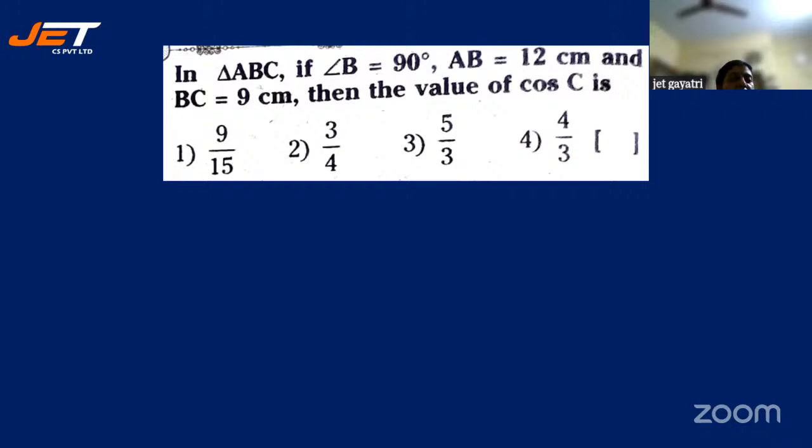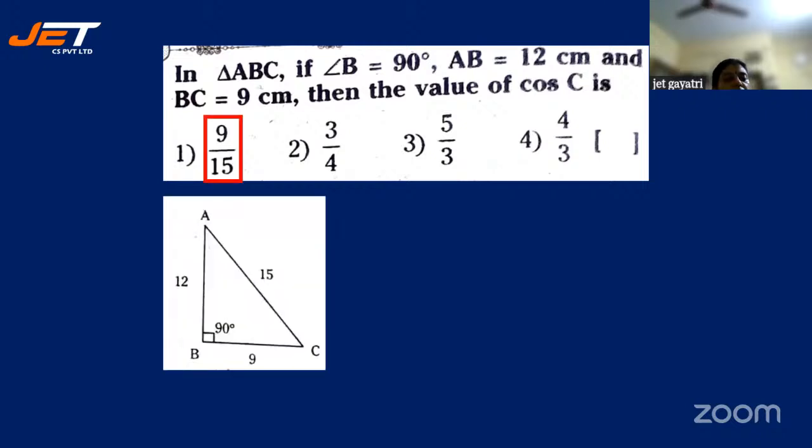Angle B is 90. AB is 12. Okay. So whatever is opposite to 90 degrees is supposed to be your hypotenuse, isn't it? So we are supposed to find out your hypotenuse.